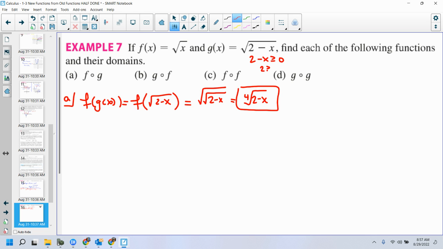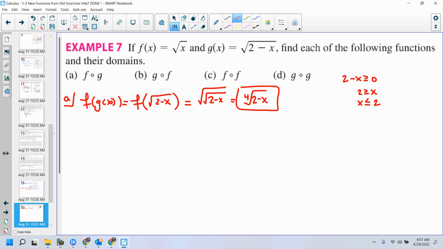So 2 is greater than or equal to x, so flip that around. X has to be less than or equal to 2. That's the domain of my innermost function.